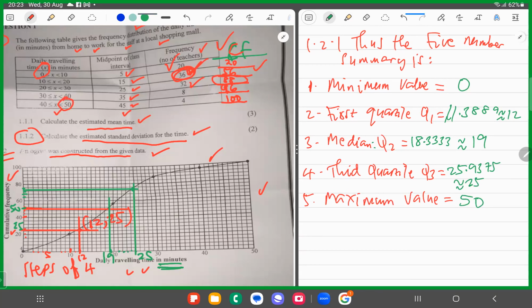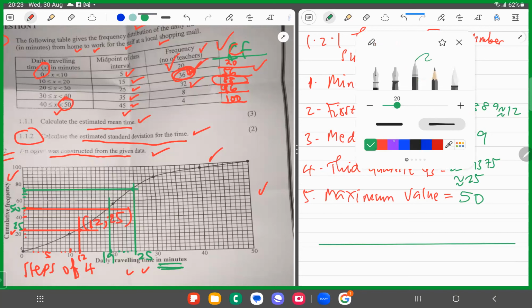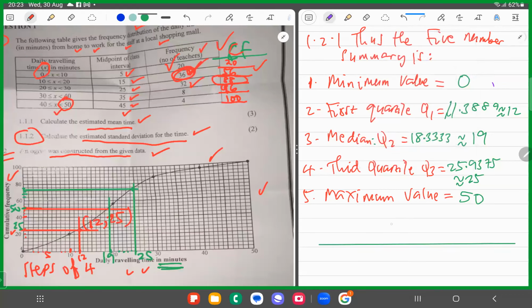So let's just draw the box and whisker plot for this one. We're going to draw a horizontal axis like this, and then we're going to draw the box. Then you're going to have a whisker here.